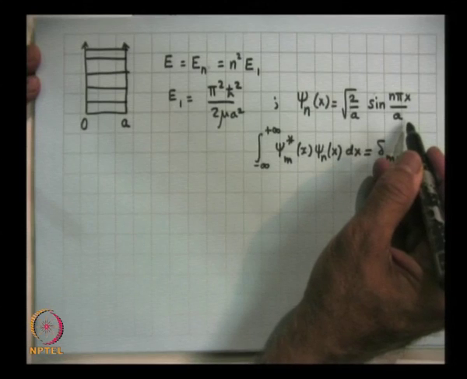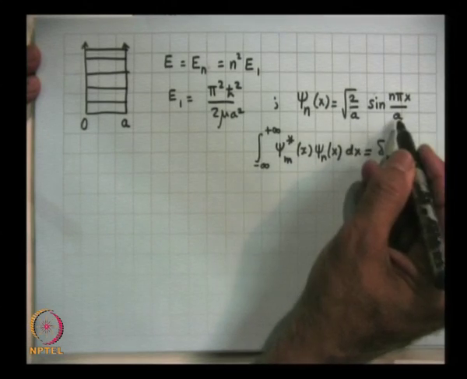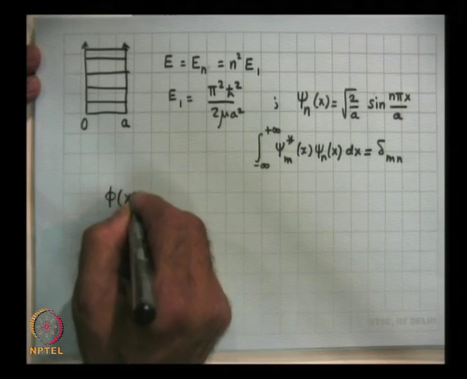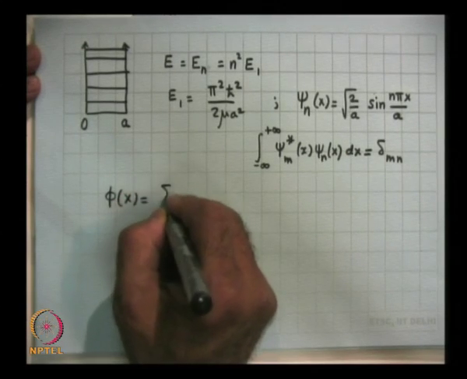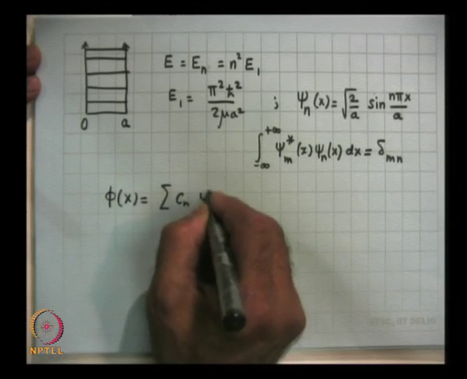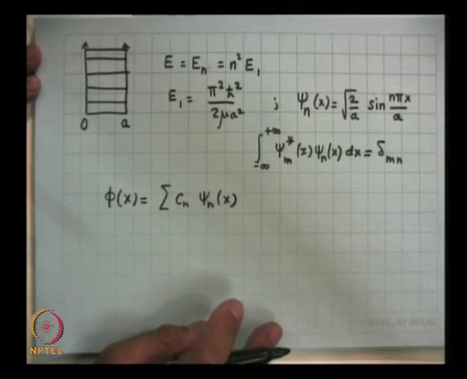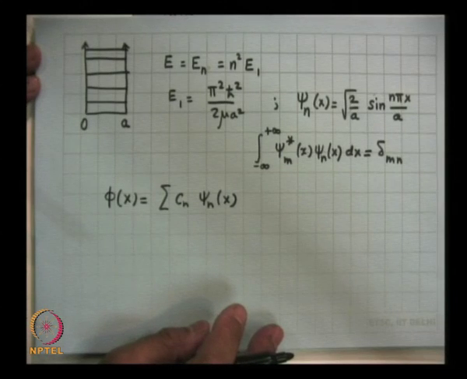There are an infinite number of discrete states, and any well behaved function in the region from 0 to a can be approximated by, and this is my Fourier series, the sum of C n psi n of x. So, this is something like the Fourier series that you must have learnt in your college.